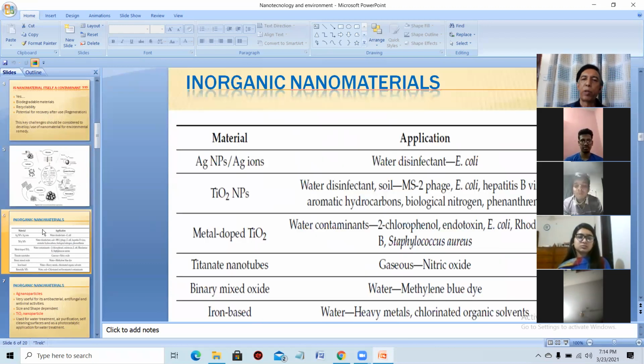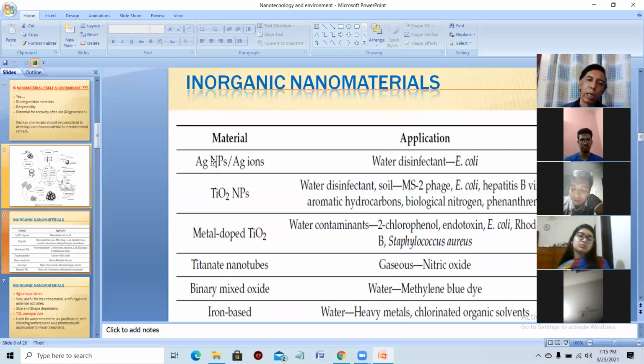Now, what are the nanoparticles that are used for this purpose? So there are different classes of nanoparticles, but mostly the nanomaterials used for environmental remedies are inorganic nanomaterials.